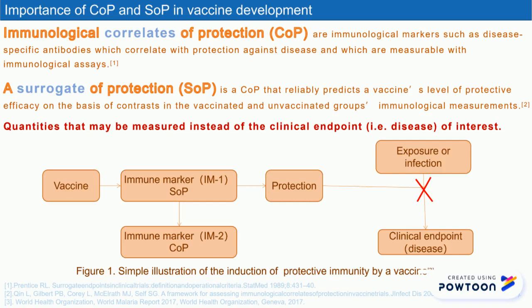Marker 1 and marker 2 represent 2 sorts of intermediate or substitute immune markers involved in or influenced by the relationship between vaccination and protection. As drawn, both marker 1 and marker 2 should change. They can appear, disappear, or increase in concentration.